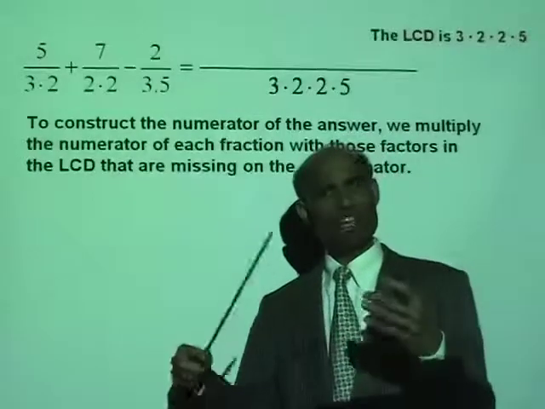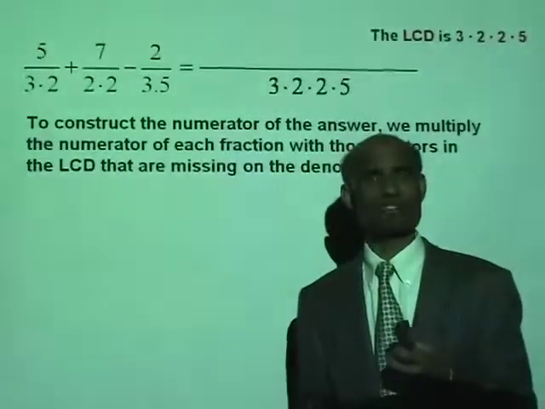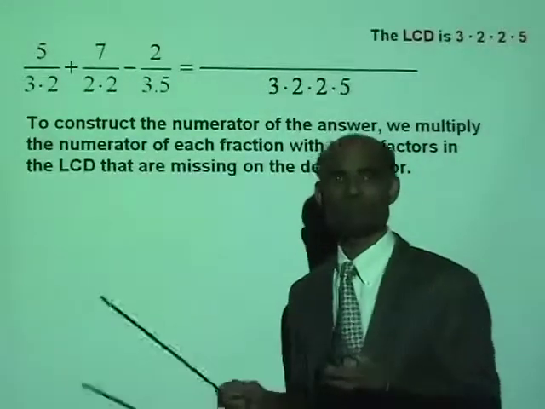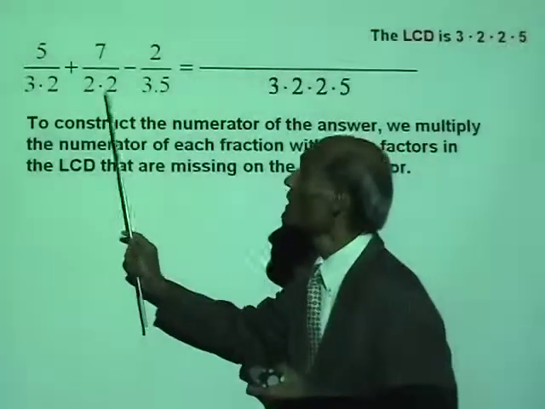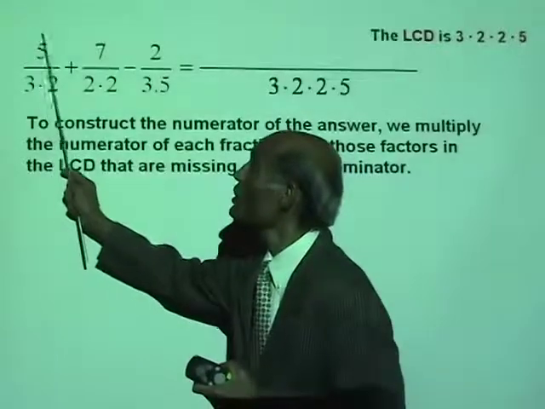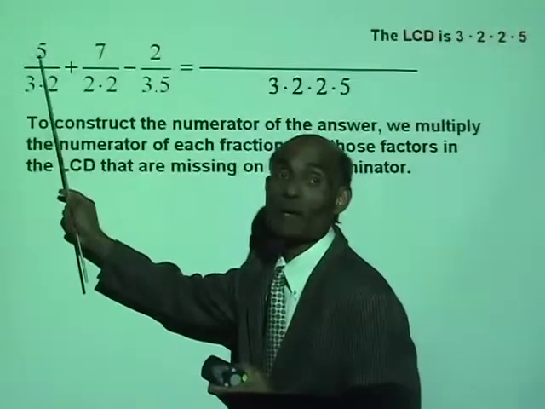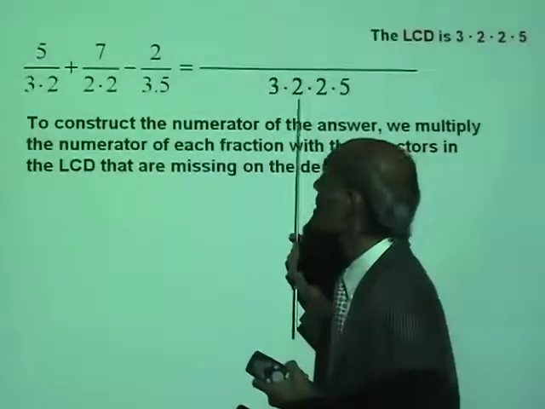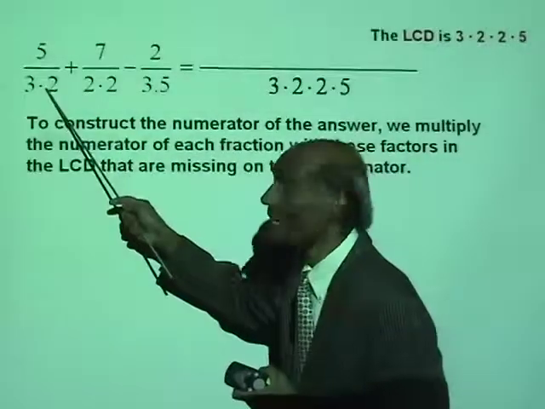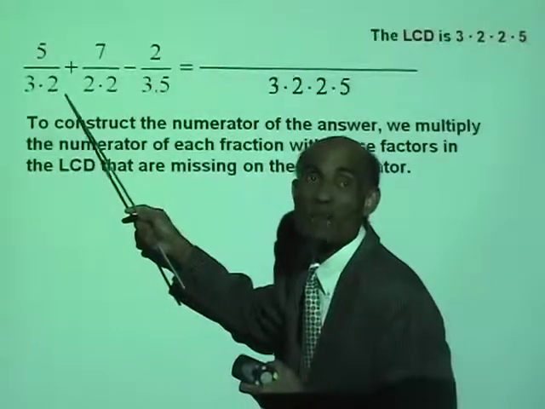Now, is that a very large, big sentence for you to understand? I'm going to say that again. To construct the numerator, we multiply each numerator here by the factors in the LCD that are missing in each denominator.